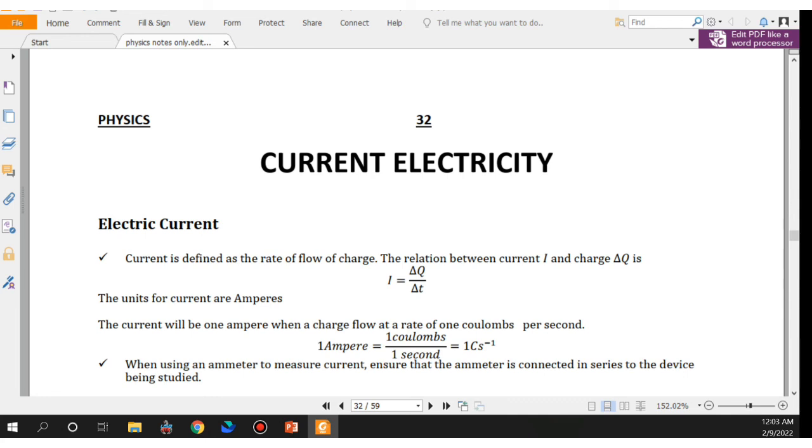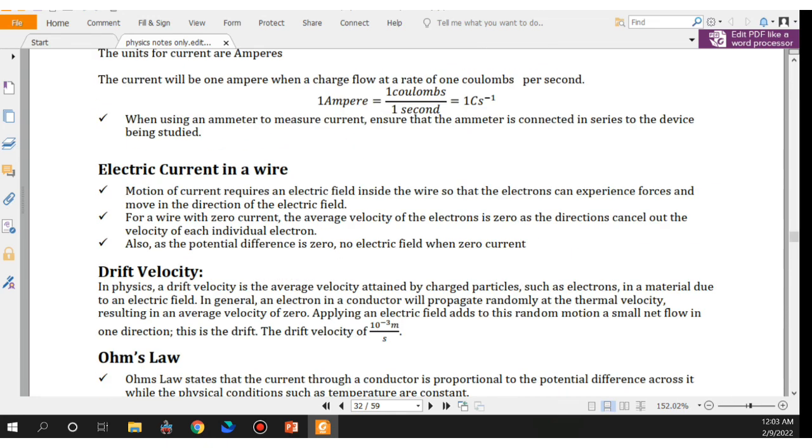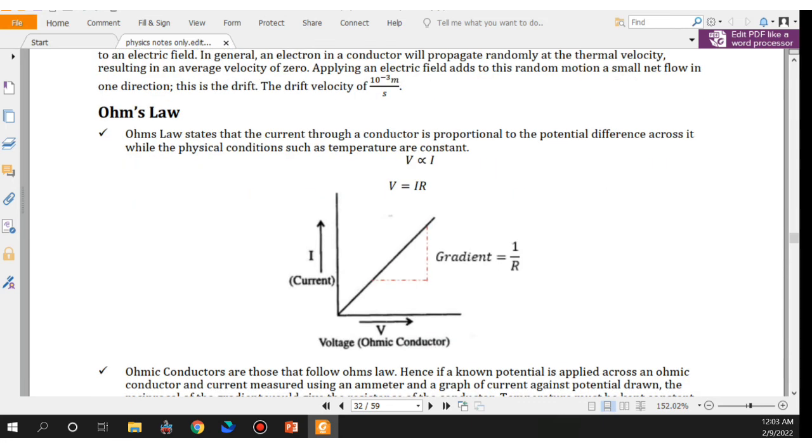All the concepts that we have discussed and reviewed are mentioned in detail in this document. The electric current, its formula, its units, the relation of ampere with coulomb and second. Similarly, the electric current in a wire and the drift velocity, the concept of drift velocity along with Ohm's law.